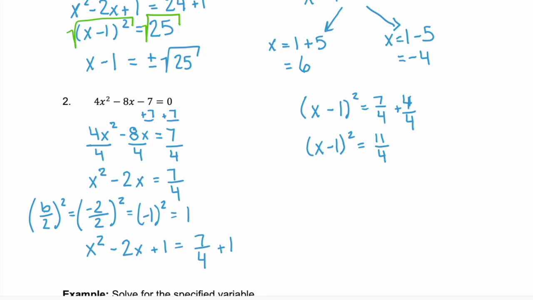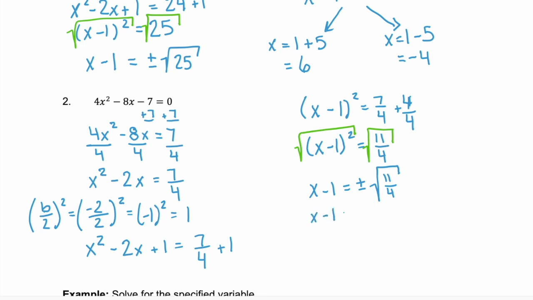Now we can apply the square root property. Take the square root of both sides. So on the left, we get x minus 1. And on the right, we have plus or minus the square root of 11/4. And we can simplify that right-hand side.